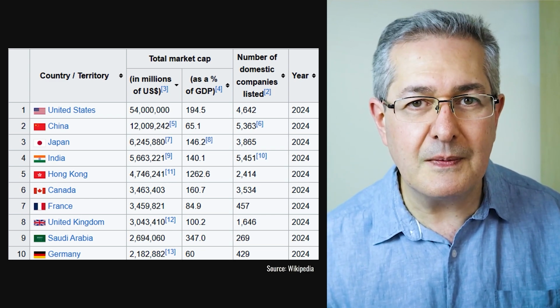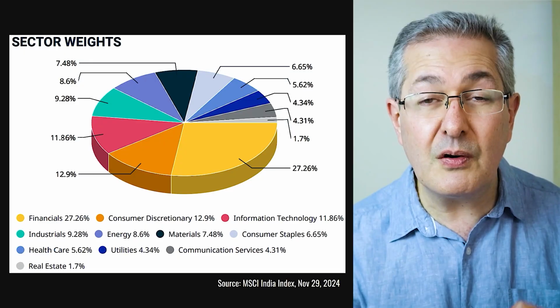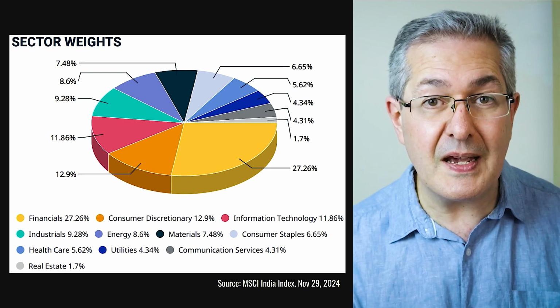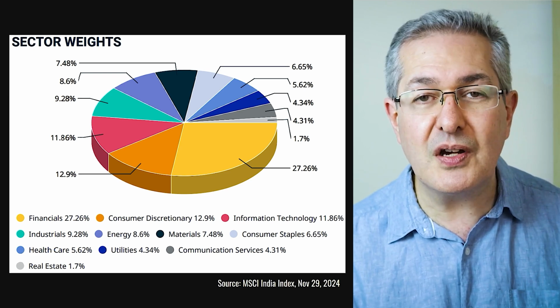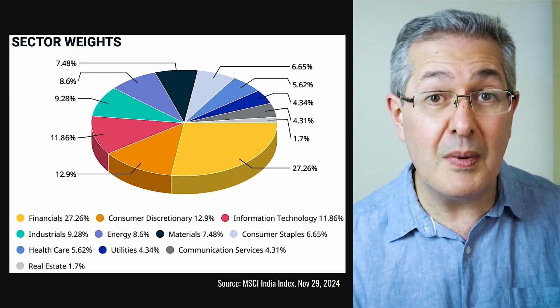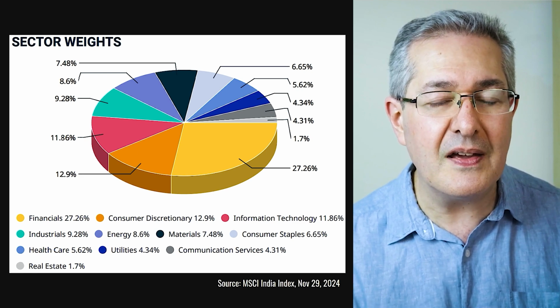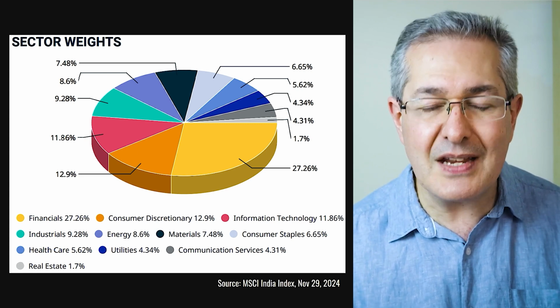Another promising thing about the structure of the Indian market is that it's not all focused in one sector. It's often the case, if you look at emerging markets, that they do have that concentration. Now, there are lots of financials in India. So this is the pie chart showing you the breakdown of market structure according to sector, and this is from the MSCI India Index.